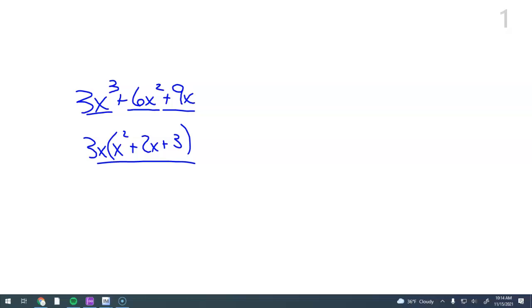The reason for that is now I could set this equal to 0 easily because I've got my chunks. It's a multiplication problem now. So I could then set these pieces equal to 0 and solve it and get x values. Where up here it's a little tougher. It's not a huge step, but that's why you're being asked to do that.